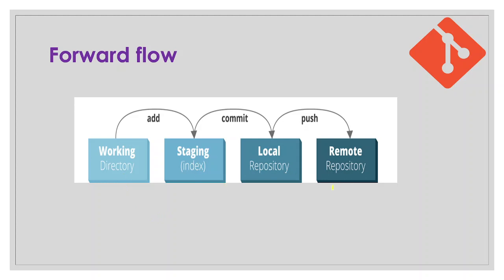That is the other flow, if you want to undo something, which we can discuss maybe next week. For this week we cover the forward flow, which is a kind of happy path.